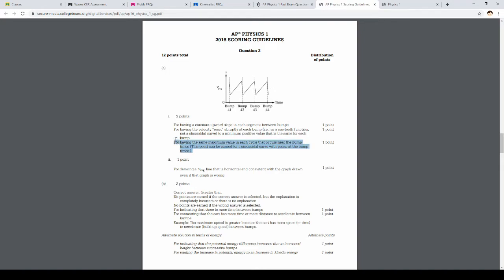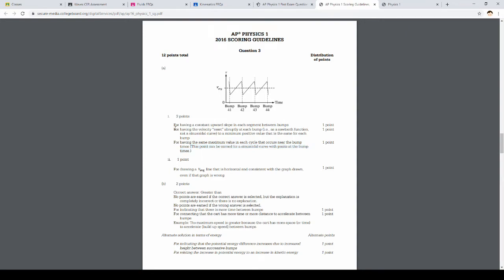This last point might be the hardest point. It's just taking into account the fact that the question stated that the cart reaches an average speed and does not increase from that average speed. So that means the maxima and minima have to be consistent. So these maximum points have to be the same. Note, this point can be earned for a sinusoidal curve with peaks at the bump times.